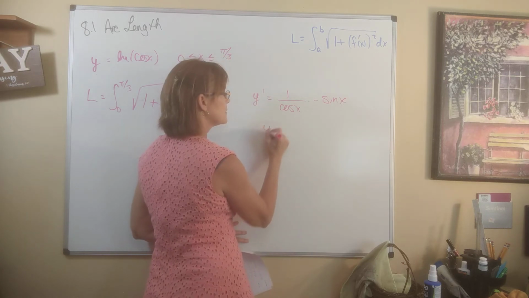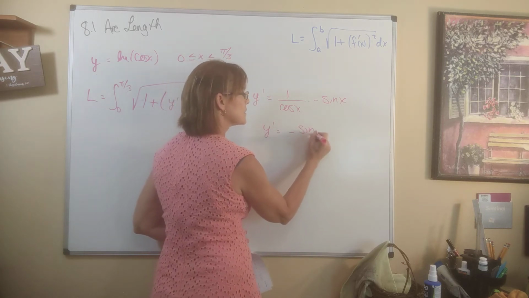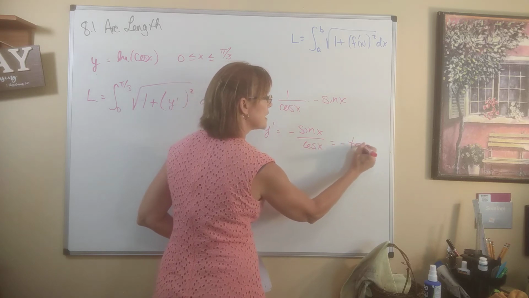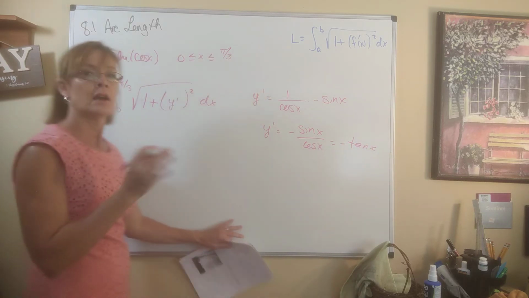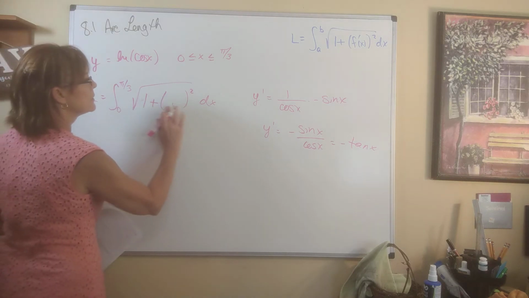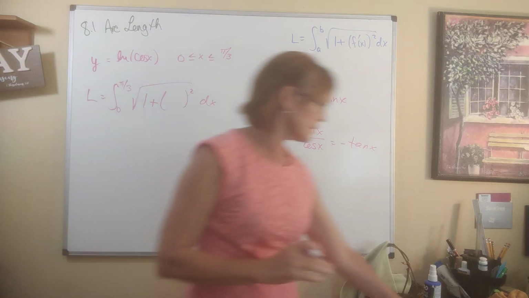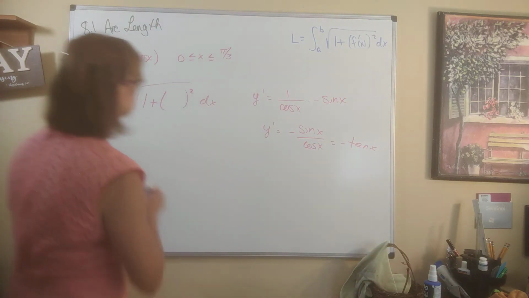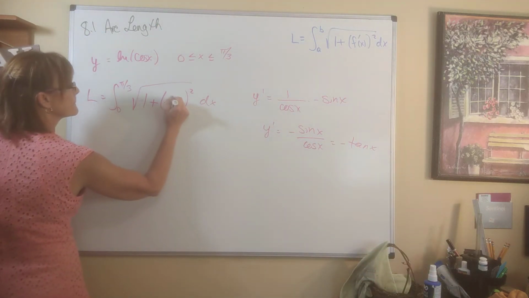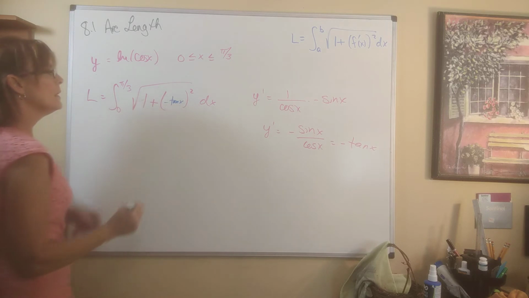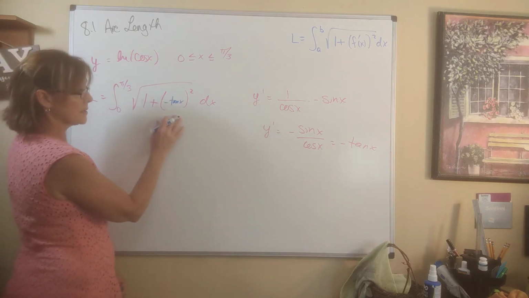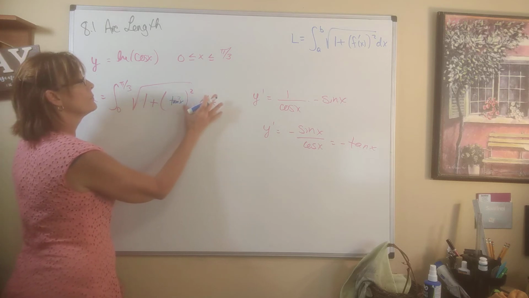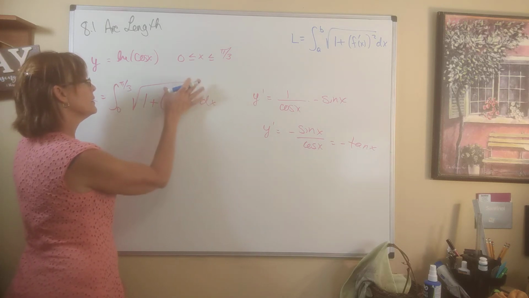So y prime becomes negative sine x over the cosine of x, which can also be thought of as negative tangent of x. But a negative times a negative is a positive, so this is really tangent squared of x.